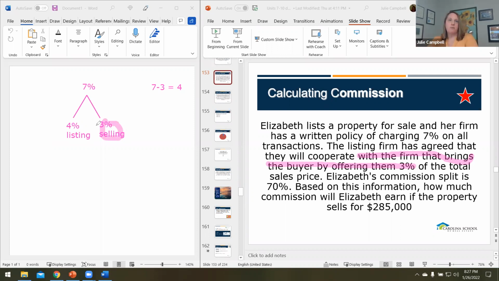So if I give you 3%, what do I have left? Okay, I get that part. The listing firm has agreed that they will cooperate with the firm that brings the buyer by offering them 3%. Okay. Is that good? Yes, it is. And thank you. Sure.